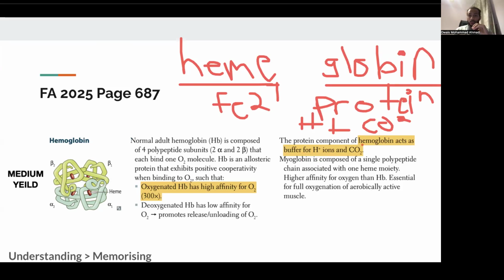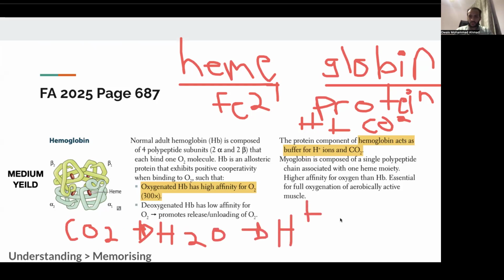Essentially, CO2 enters a cell. Once CO2 is in the cell, it combines with H2O, and it becomes hydrogen ions and bicarb. Those are the two main things it becomes.